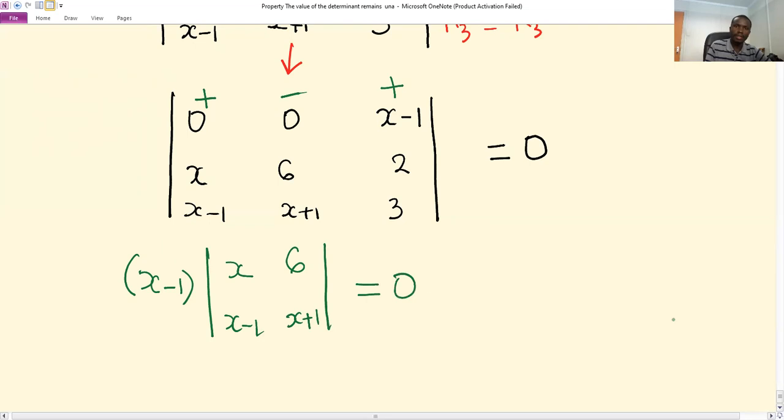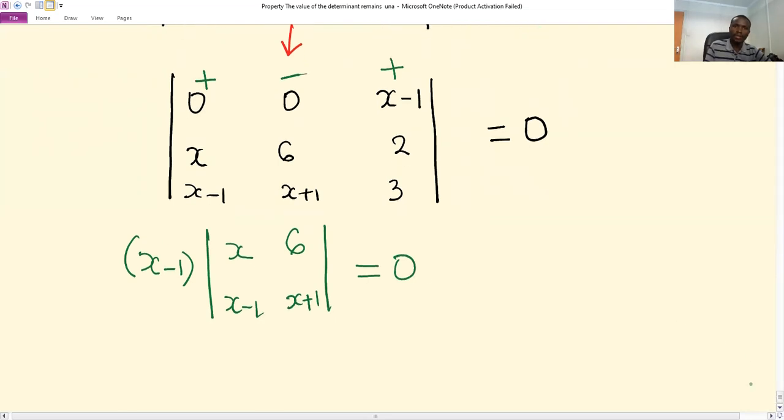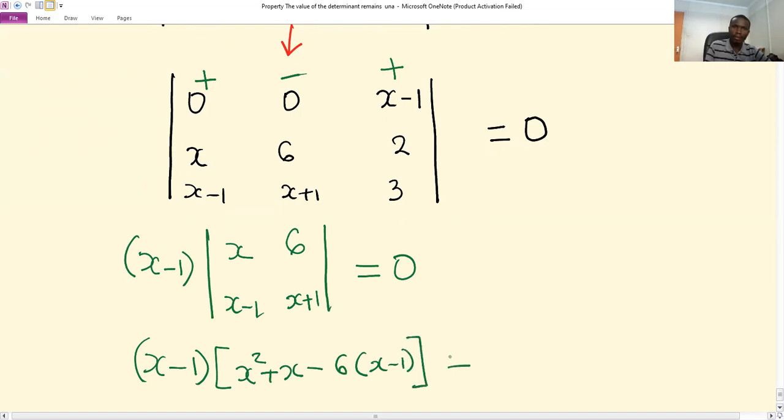This will give us 0. So this is x squared plus x minus 6 into x minus 1 equals 0.